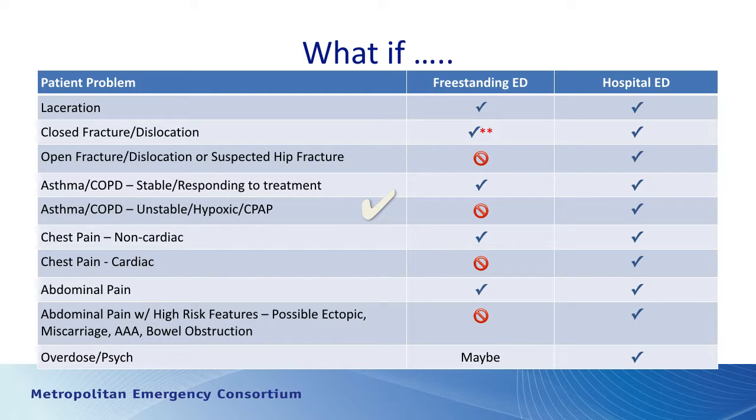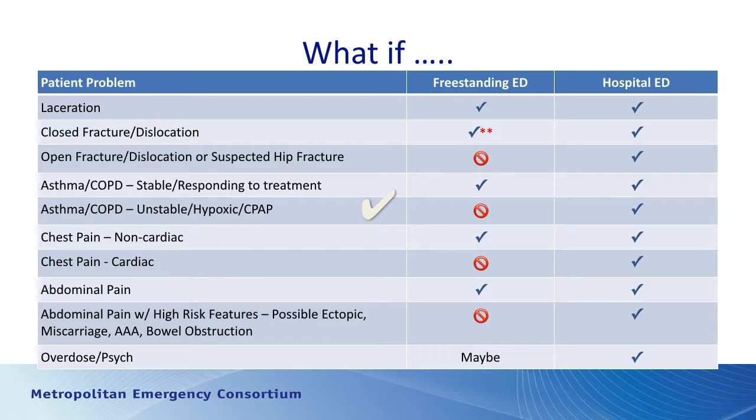However, if the patient has the same symptoms but a worse clinical condition, like a COPD patient who's had to crank up their oxygen flow rate, or an asthmatic who's sweating, retracting, and can't speak in anything more than phrases or a few words, they are not a great candidate for a freestanding ED because they have the potential to deteriorate.